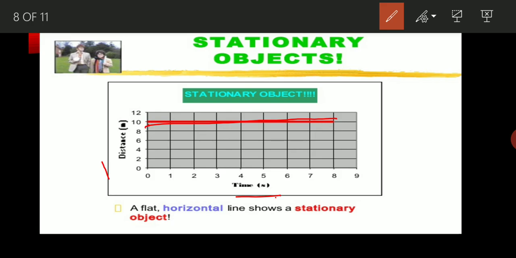Suppose it is in kilometers; here it is given in meters. At 10 meters, the first second it is at 10 meters, the second second it is at 10 meters, the third second it is at 10 meters, the fourth second it is at 10 meters. It means that it is not changing its place, it is always just resting at 10 meters. It means that the object is just in a stationary phase or resting phase. Clear?